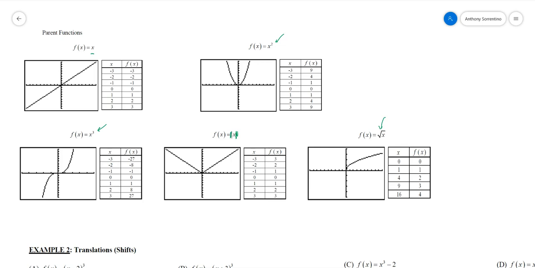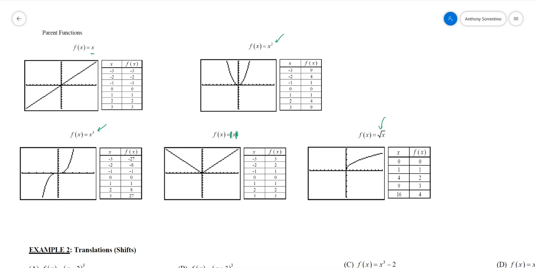These techniques have you stem from a parent function where the interesting happening occurs at x being 0, and therefore we transform that, as well as everything else, according to some transformation rules that we're going to introduce as we move through this.